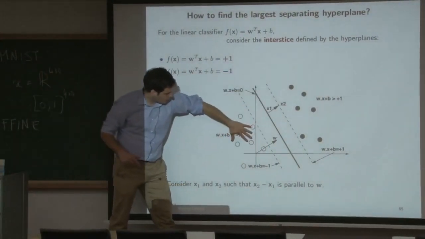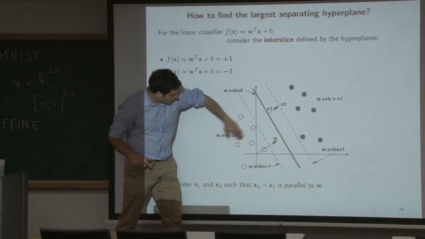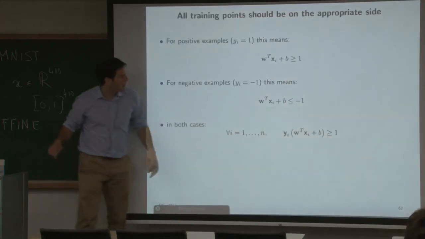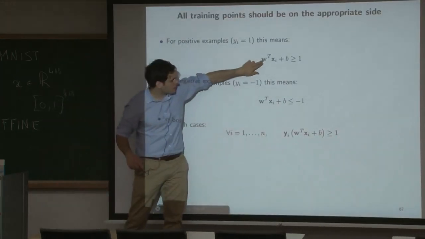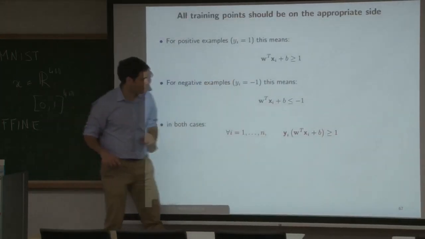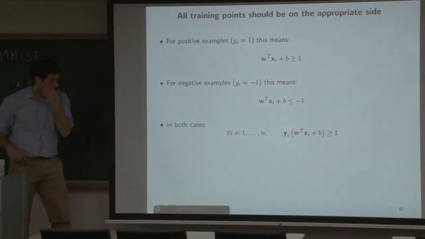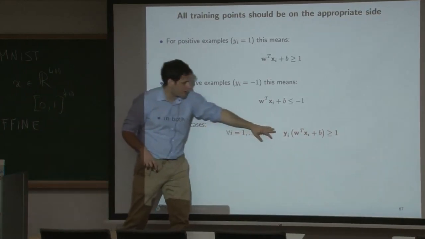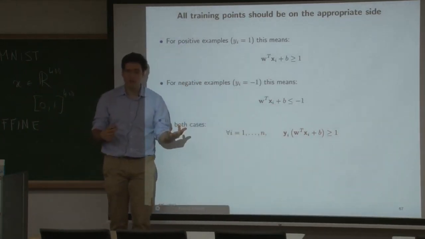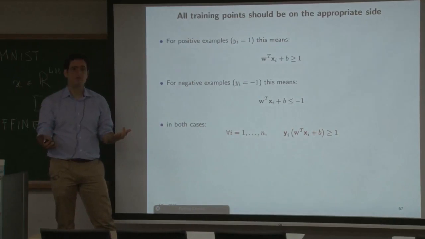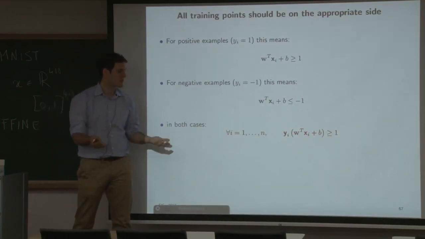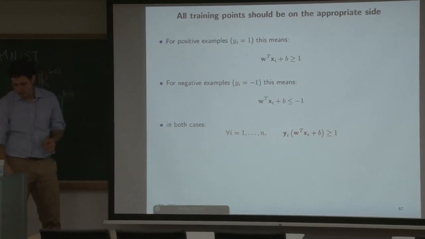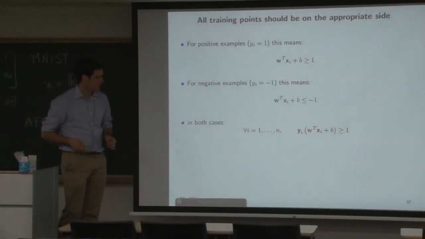All the minus points are on this side, and all the plus points are on this side. Those two conditions can be summarized with this one: the label, minus 1 or 1, times w transpose xi plus b is always bigger than 1. This ensures that I'm always outside of the tube for the good observations.